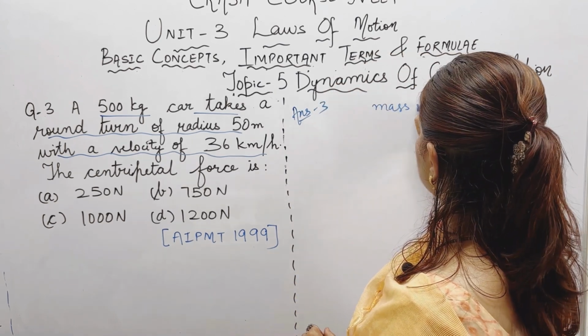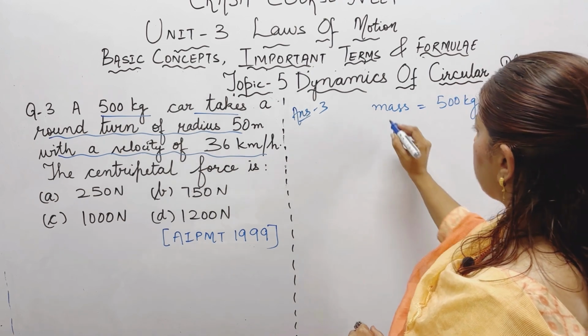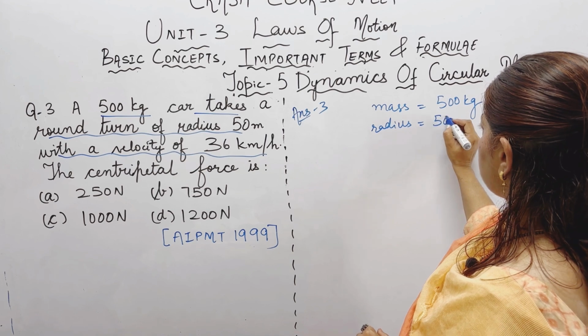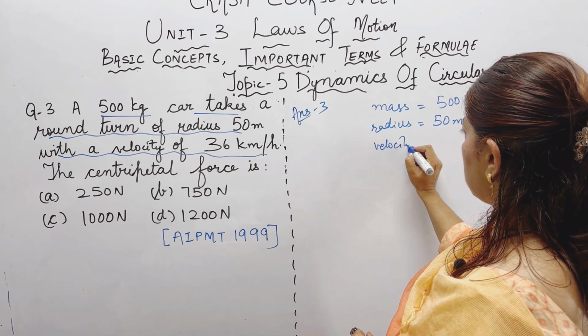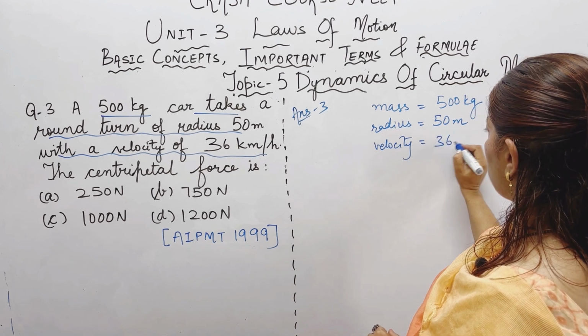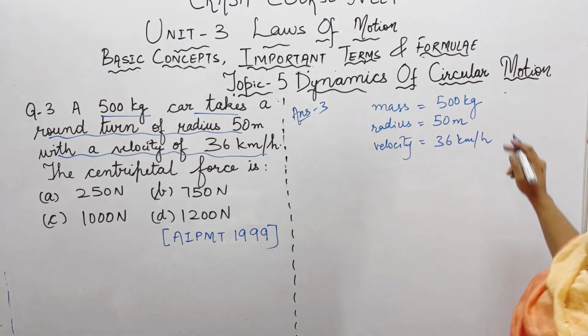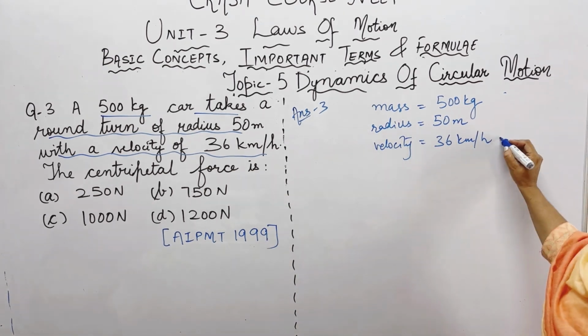Mass is given 500 kg. Radius is 50 meter, and the velocity is given 36 kilometer per hour. The mass and radius are in SI units, and the options are also in SI units. So let us convert it to SI.